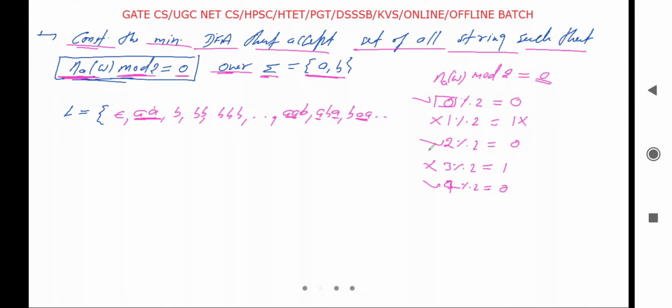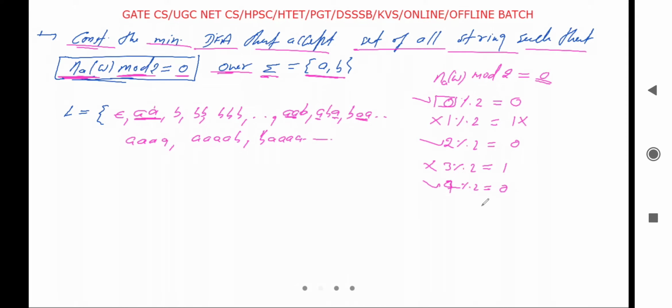What will come in a 4 length string? 4 number of a, that can be possible. b can be any number, there is no condition over b. So it is 4 times a, that is possible, or it can be 4 times a then b, or b after that 4 times a, and so on, all the combinations.